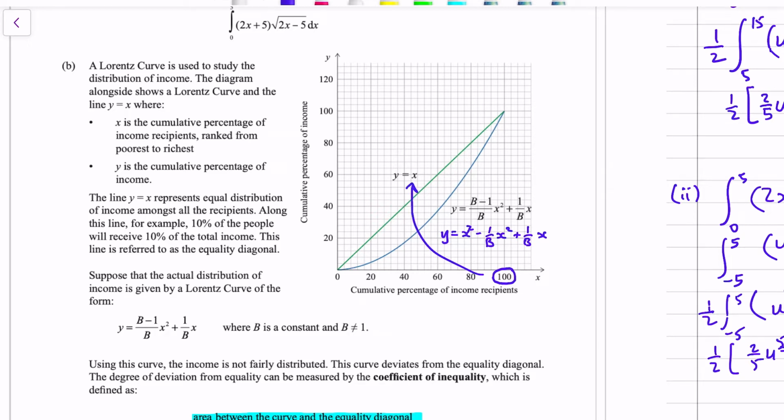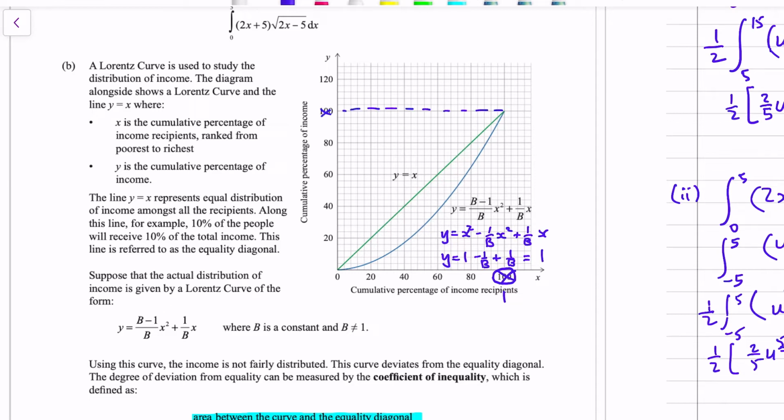So the graph is misleading because actually the limit there should be x equals 1. It should be a proportion, so 100% is a probability of 1. And if we sub x equals 1 into this expression, we get y equals 1 minus 1 over b plus 1 over b, which equals 1.